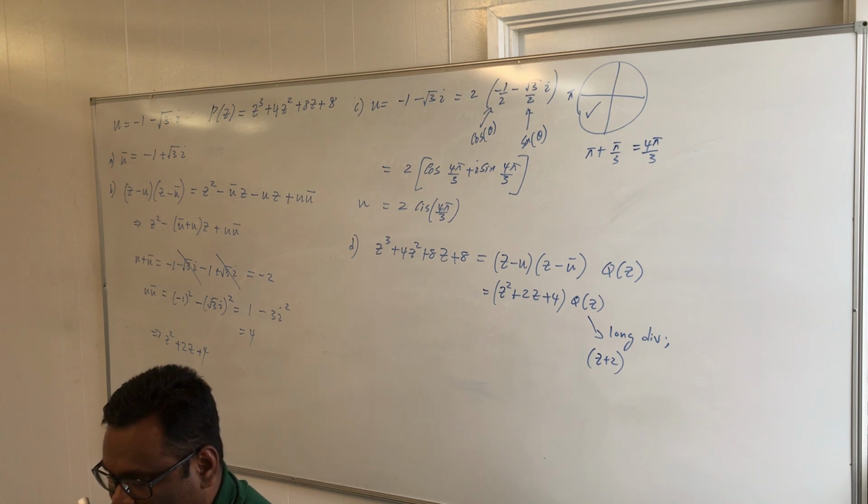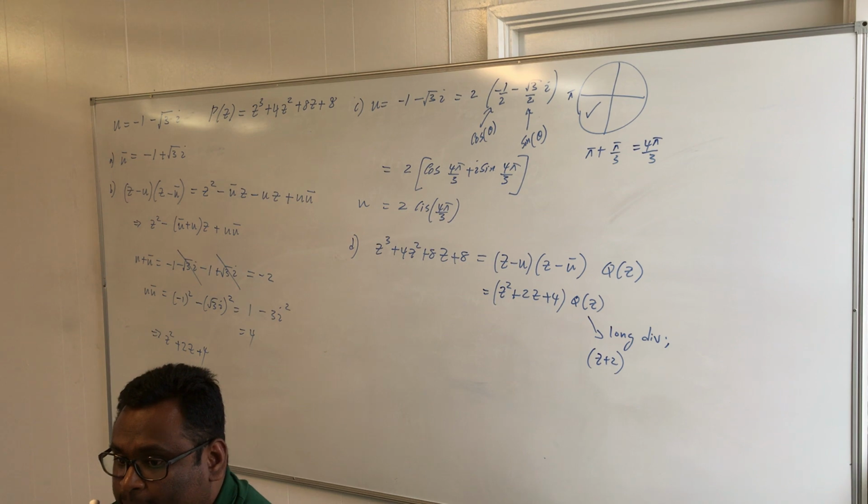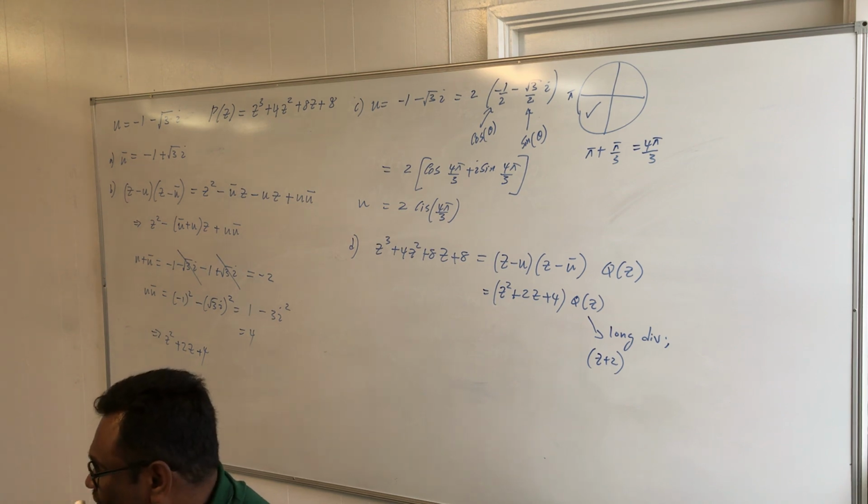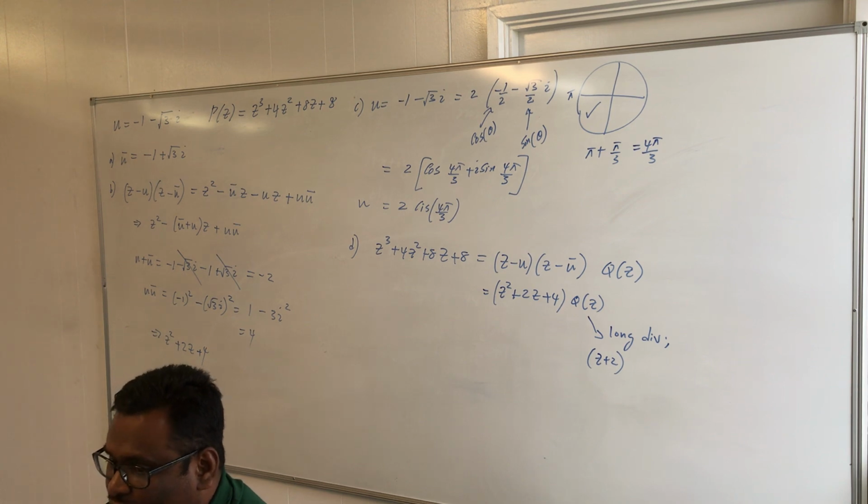Negative 1 plus 3. Do we have to show the mod as well? Do you have to show the mod? What is 2, right?